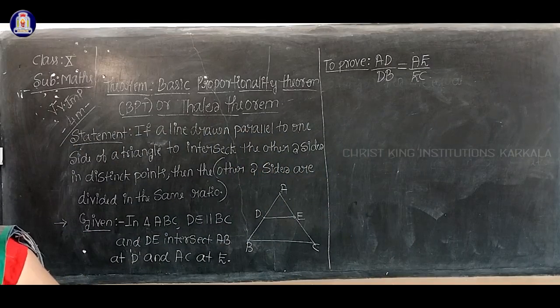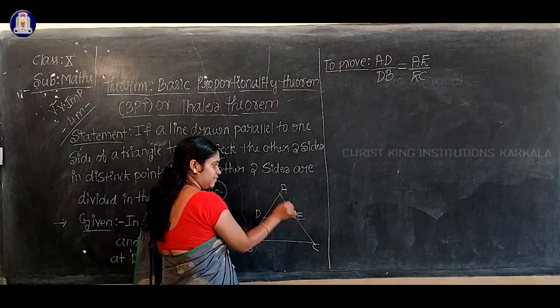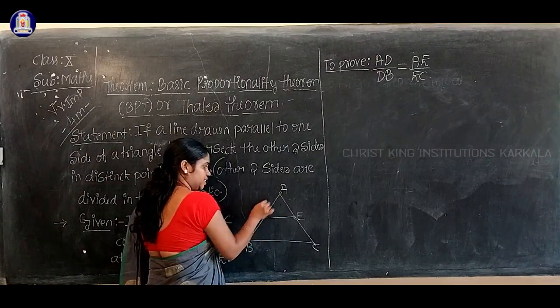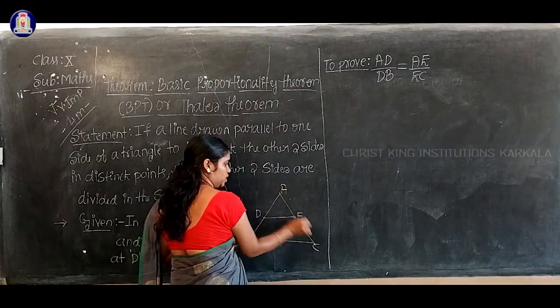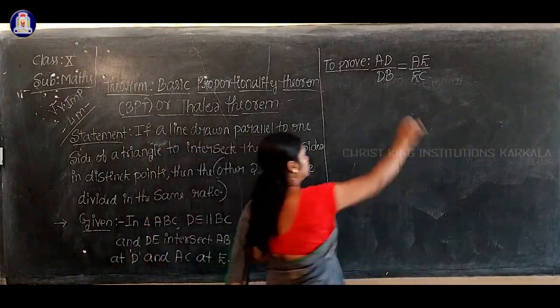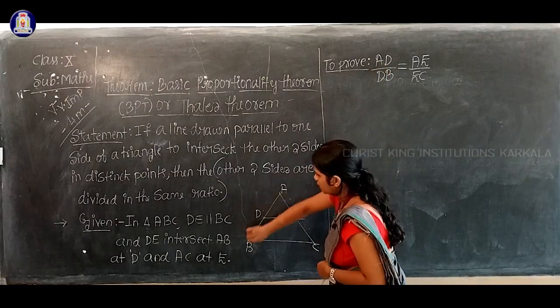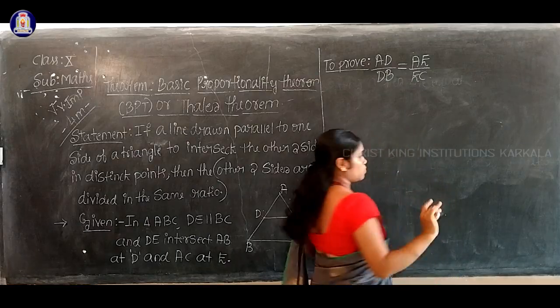Once again, recall: this line DE will divide AB into two parts, AD and DB, and AC into AE and EC. These two parts and these two parts are in the same ratio. That means AD by DB will be equal to AE by EC.